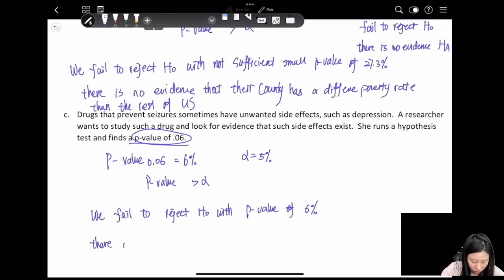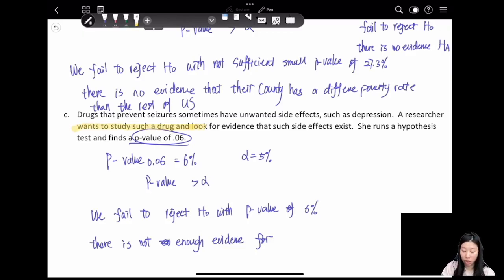There is not enough evidence for our alternative hypothesis, which is what they're trying to prove. They're studying a drug and looking for evidence that the side effect exists. So we can say there's not enough evidence that the side effect of the drug exists.